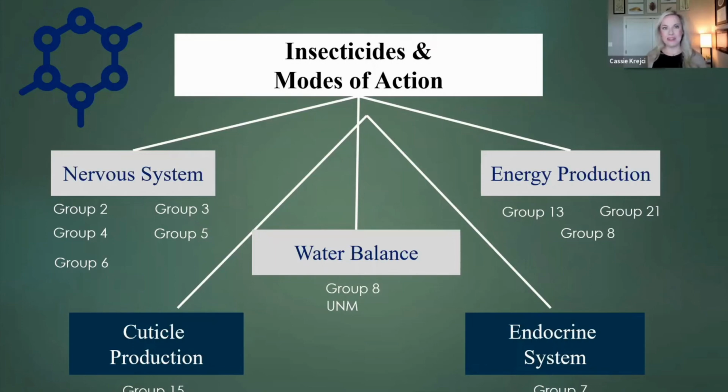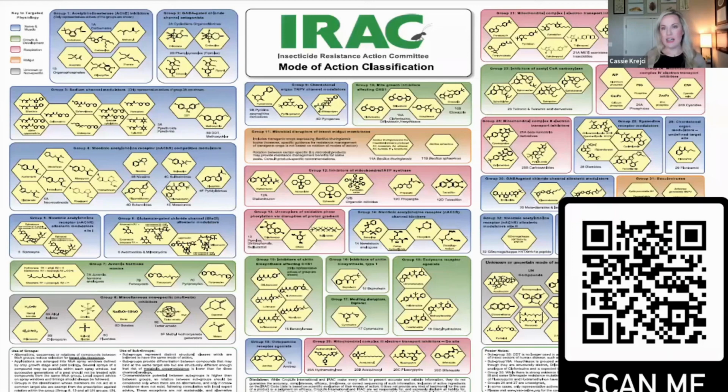So that's a quick look at active ingredients. Everything we just talked about is kind of similar if you take a look at that IRAC chart. So basically we talked about the nervous system. All of those are going to fall within the blue boxes on your IRAC chart. Water balance will be pretty much segregated to the gray boxes.